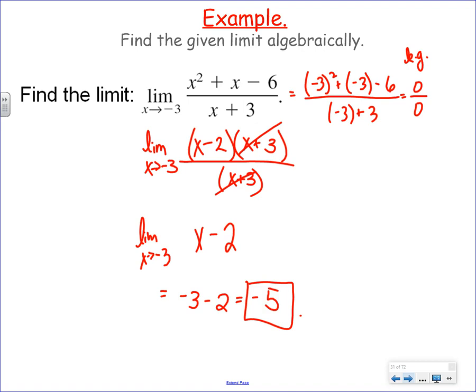Now, here's a question. Was it important to write the limits where I wrote them? What do you guys think? Was it important that I rewrote the limit 2 times? And if it is important, why didn't I rewrite it more? Technically, this is an equals.